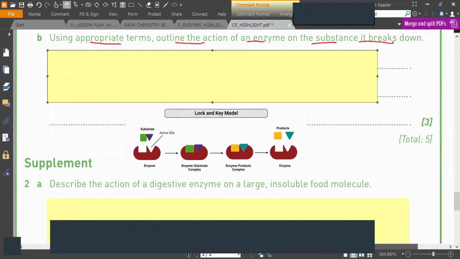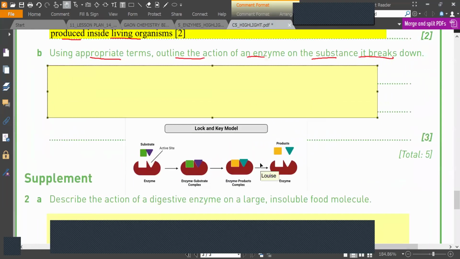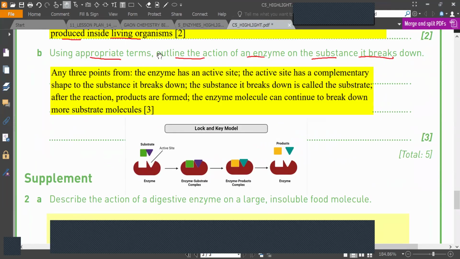Outline the action of an enzyme. So what the enzyme is doing. Basically the enzyme will be having the active site. The active site will be having complementary shape to the substance it breaks down, so the shape will be matching. The substance broken down is called the substrate.